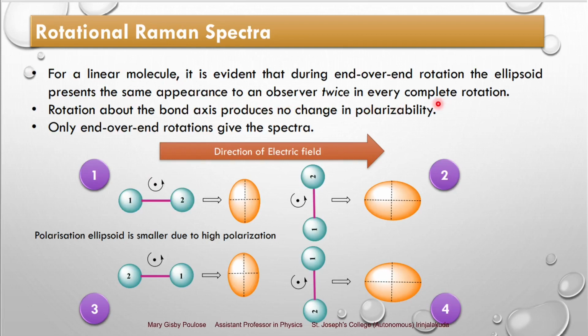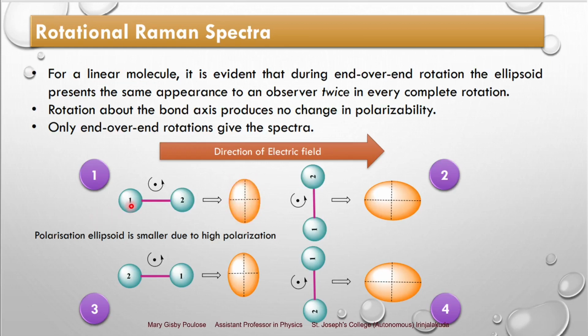Let's look at it. Assume this molecule in this orientation. Here the polarizability will be maximum in this axis, hence the ellipsoid will have the least distance in this axis. Polarizability will be minimum along this axis, hence the ellipsoid has the maximum distance in this direction. And thus we get the polarizability ellipsoid.